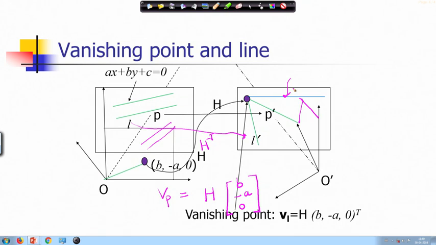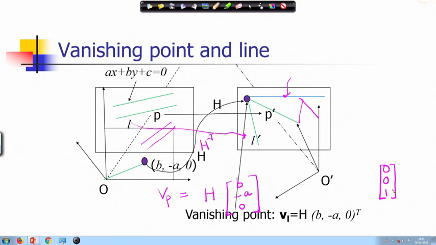We know that all the vanishing points in the original space lie on a particular line, which is called the line at infinity, and that is given by the representation (0, 0, 1), an element in the projective space representing straight lines.